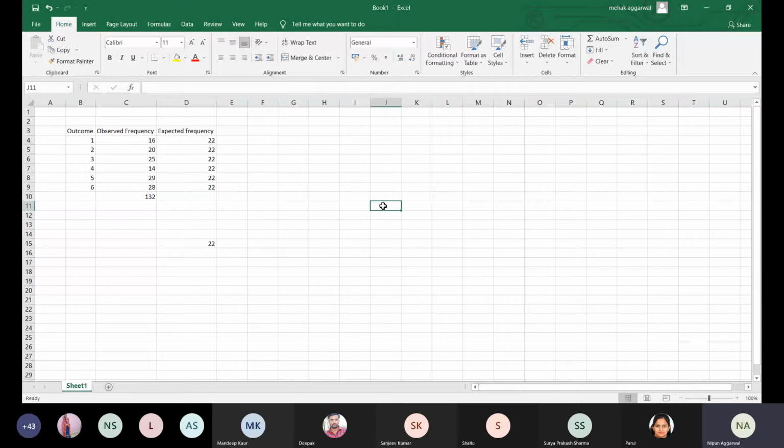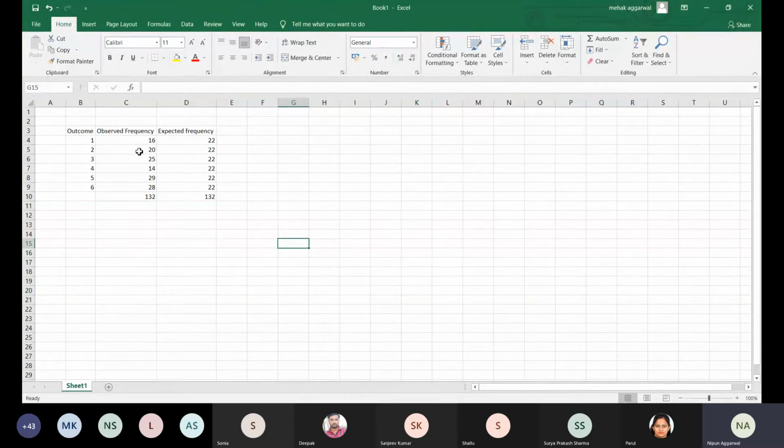I repeat the same. I'm telling that this is 132 times I'm throwing a dice, so this is the observed frequency. When I have actually thrown the dice 132 times, the result is like this: 16 times 1 has come, 20 times 2 has come, and so on.